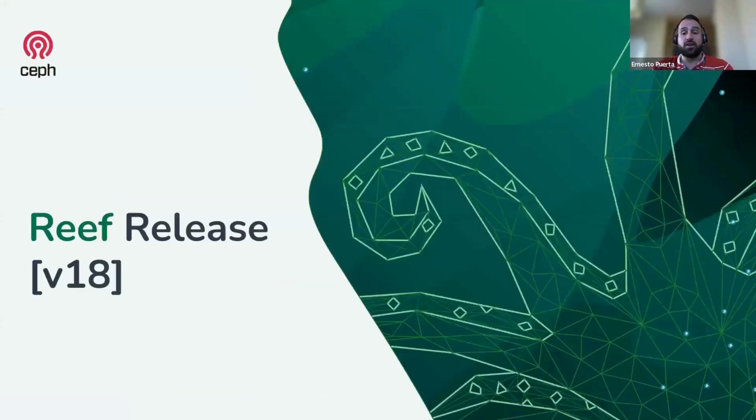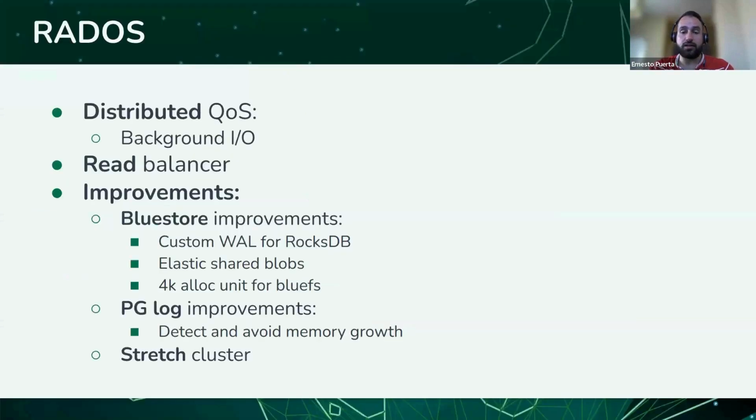So what about the Reef release, which is the code name for version 18? I will be speaking for each component. In RADOS, which is the core component of Ceph, we have more improvements on QoS. Ceph uses mClock as the algorithm for coordinating quality of service, and the improvements affect background IO.